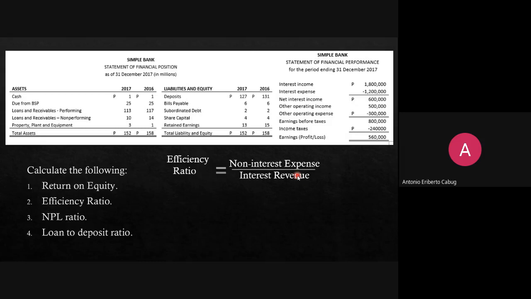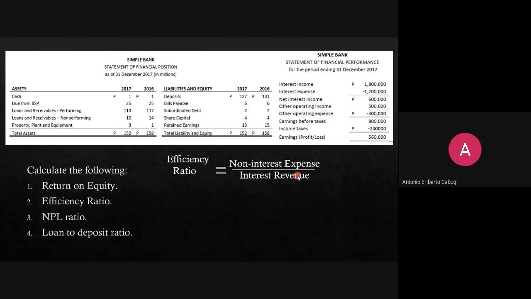So, what does the efficiency ratio measure? I want you to imagine the operations of a bank.